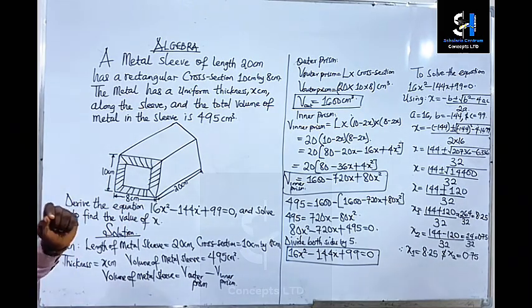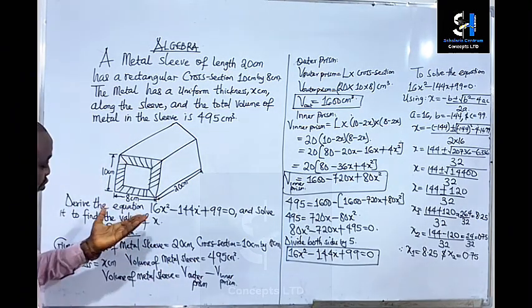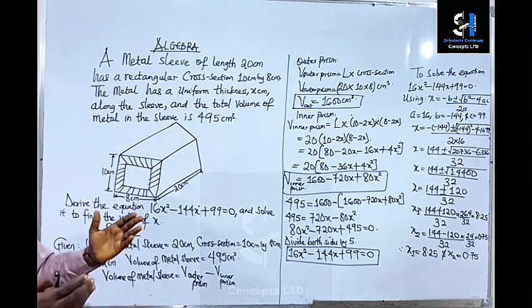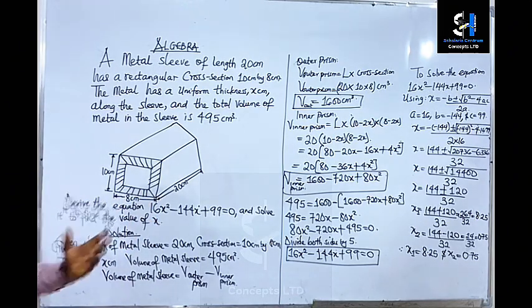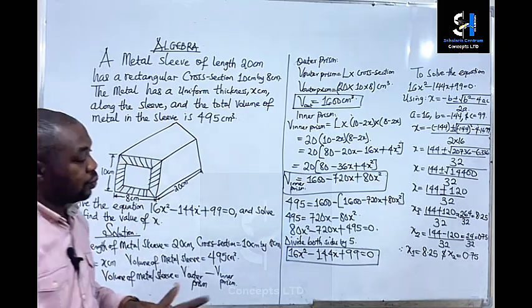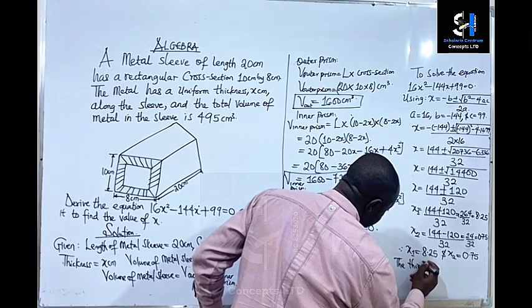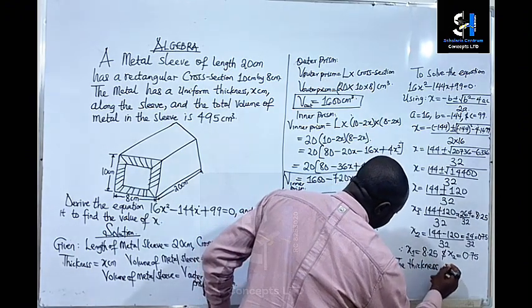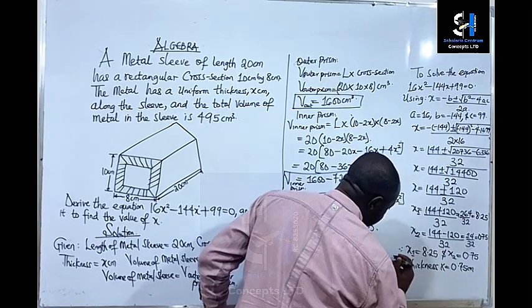Don't forget that the thickness will be even less than half of this side of the cross section. So the thickness, which is x, will be equal to 0.75 centimeters.